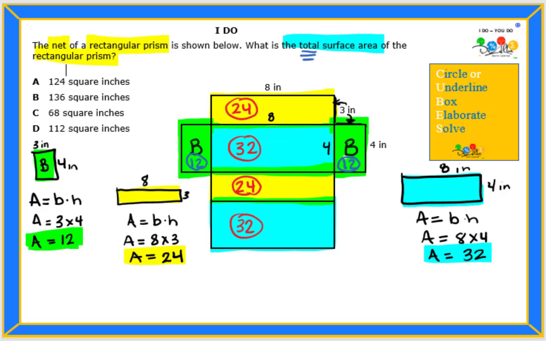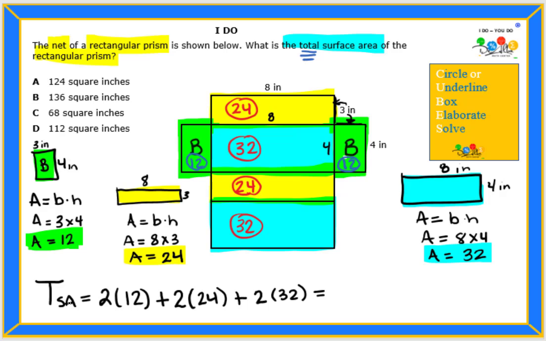So I know that the total surface area is 2 bases, so 2 times 12, plus 2 of the yellow rectangles or faces, so 2 times 24, plus 2 of the blue faces, 2 times 32.